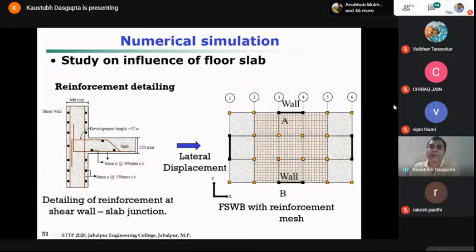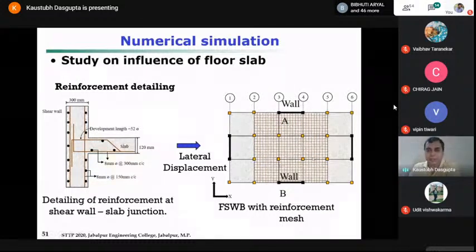And since the area of interest was primarily the behavior of slab connected to the wall, we did the meshing of the reinforcement and all the things in this part only. Okay, because the more details you provide in your model, and in a multi-story building model, it becomes very difficult for the numerical computation.